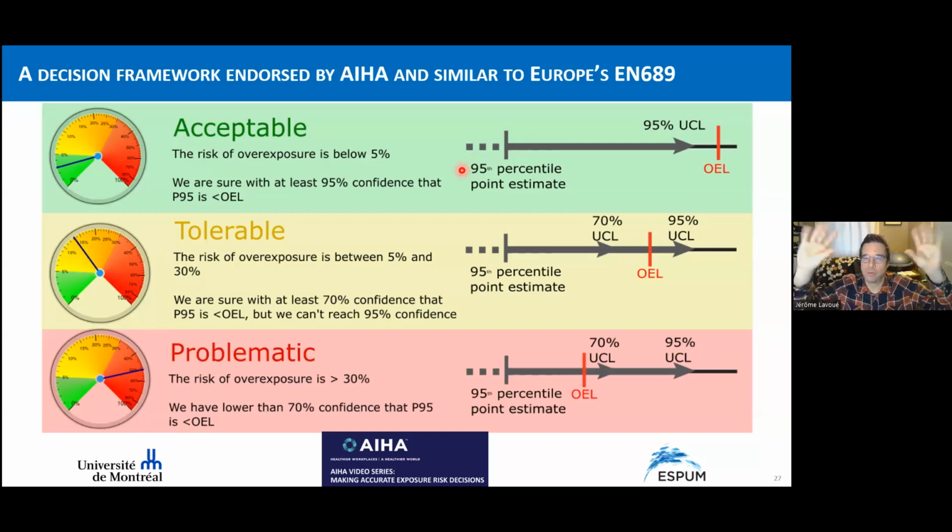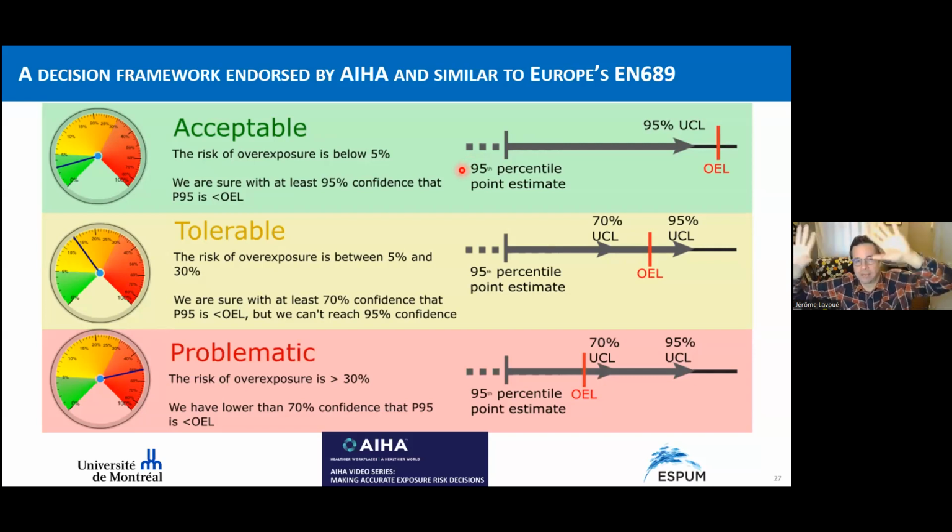We say overexposure is when the 95th percentile is above the OEL. But this is equivalent to more than 5% of exposure levels above the OEL. So already just defining overexposure, there's a 5% lurking somewhere.